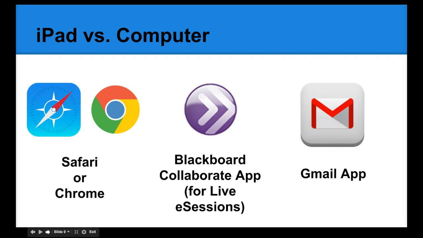We've just found that it works better to access courses. So when you're accessing courses, use Safari or Chrome to log into Blackboard. You'll also want to download the Blackboard Collaborate app to access those live e-sessions. That's where your teacher is doing their teaching live once every week. And if you don't have it already, we also suggest that you have the Gmail app so it's easy to check your email.